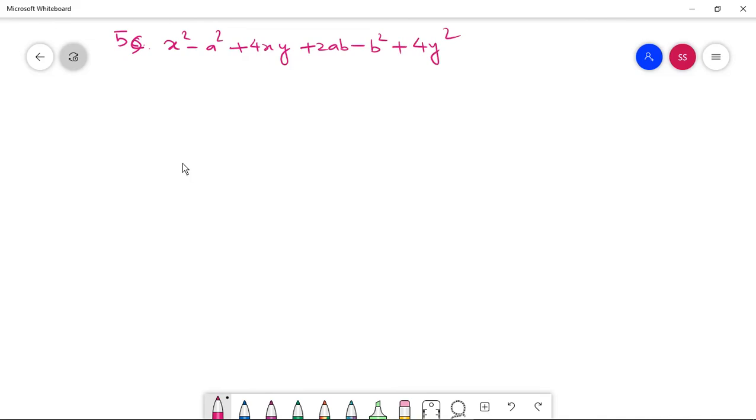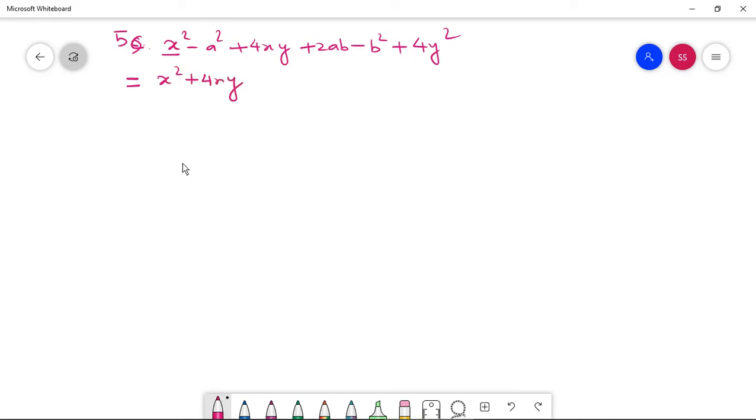Now here you can check, if you know, you can write directly, but here I break it to make you familiar. 2 times x times 2y is 4xy, and 2y whole square is 4y square, and x square itself.